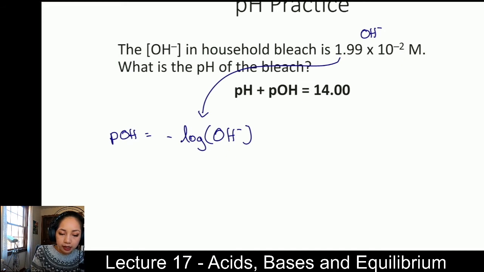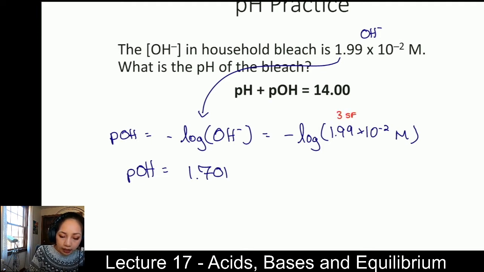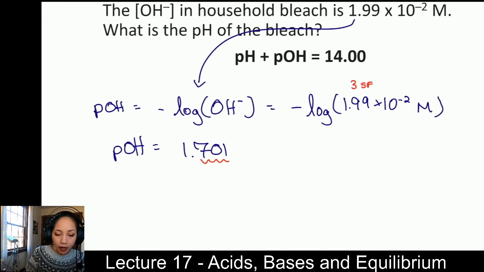All right, so we're going to stick that number into our logarithm. So negative log of 1.99 times 10 to the negative 2 molarity gives us a pOH of 1.701. And I'll note here with sig figs, since there's 3 sig figs within molarity, we need 3 decimal places in our pOH. All right, so that's our pOH.